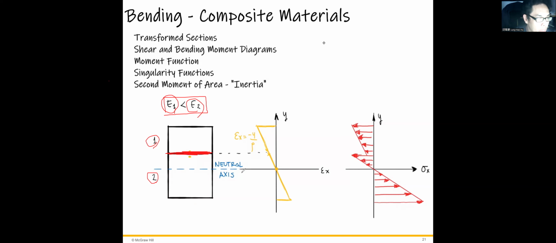So this is the neutral axis right here. We can plot the figure of the strain in the x direction versus y, where y is the distance above or below the neutral axis.